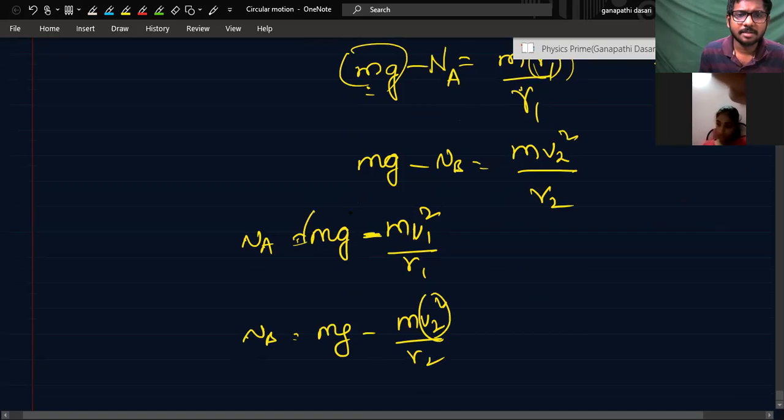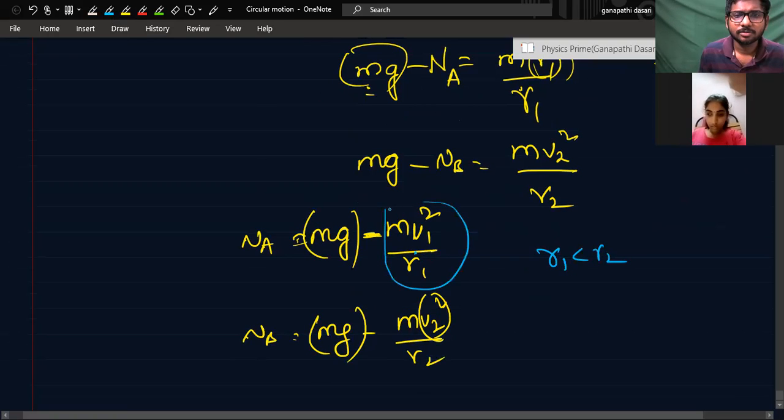So mg is equal in both. If you see, r1 is less than r2, that means this value is greater than this value, right?